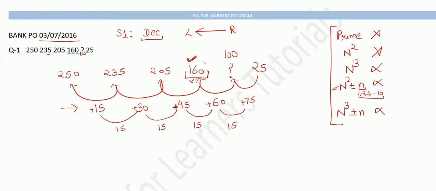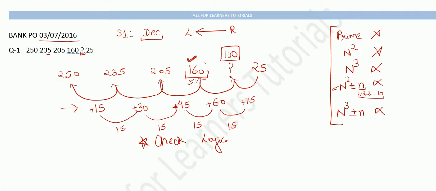This is how you have to always check your logic. This is very important. See, 25 plus 75 is 100, so our answer is 100.